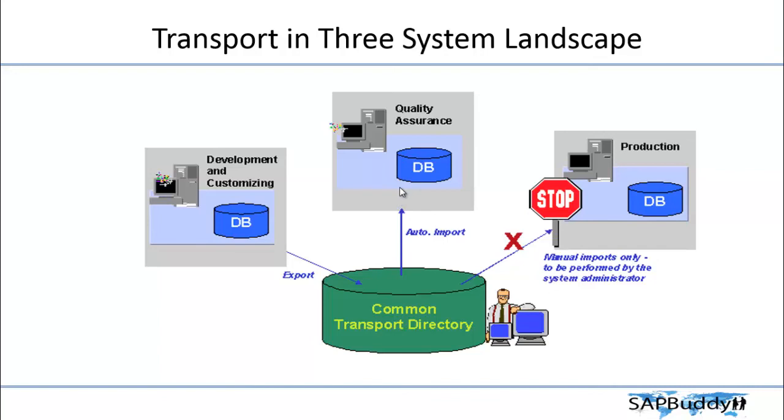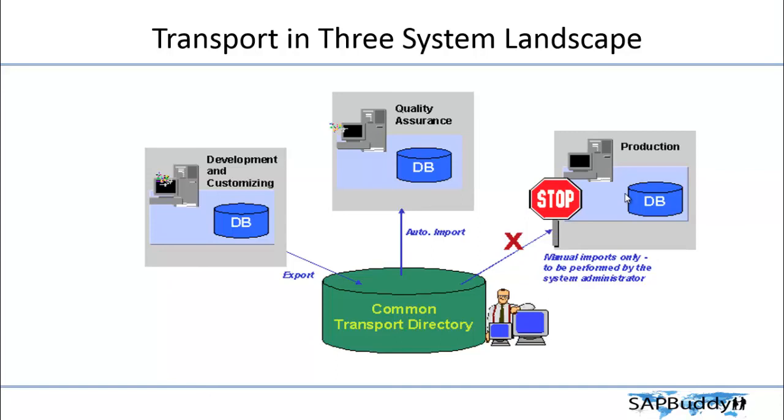In general, once the transport is released and the TR is created, this can be automatically imported in the quality system. This could be automatically imported or you can also do manual import. In general, we just automatically import in the quality system. Once the program is tested, everything is fine, then it will be imported into the productive system manually by the basis administrator based on approval from the owner or from the project manager.